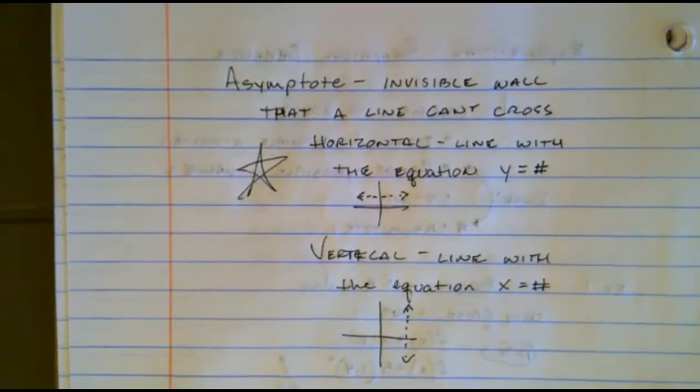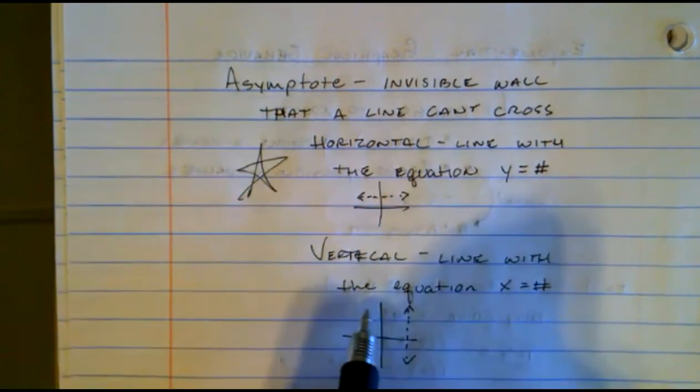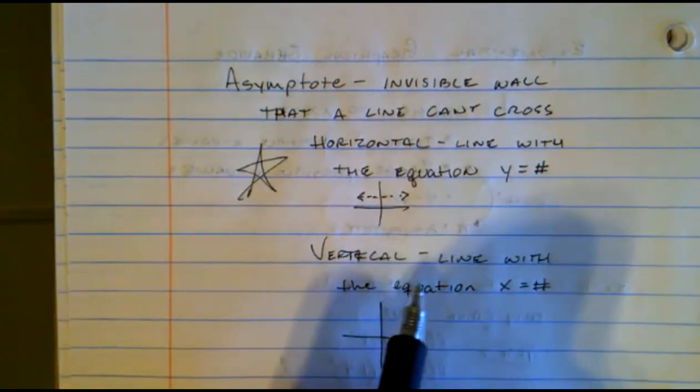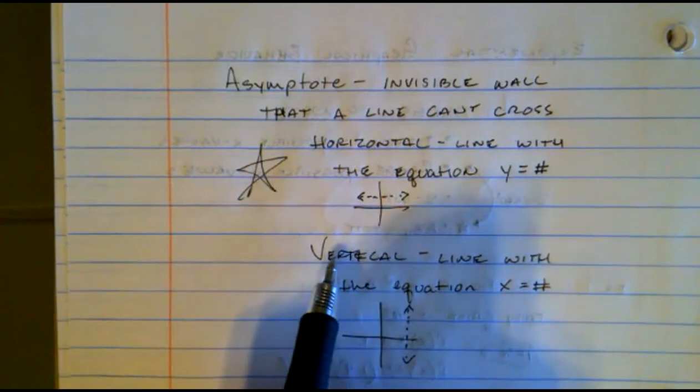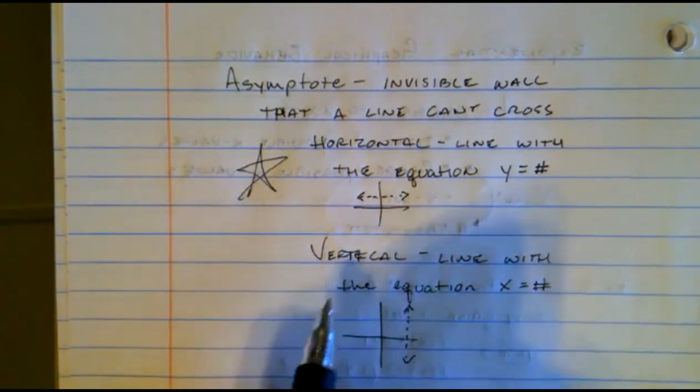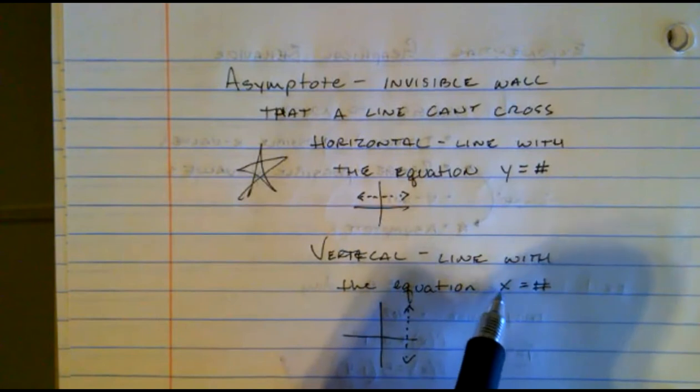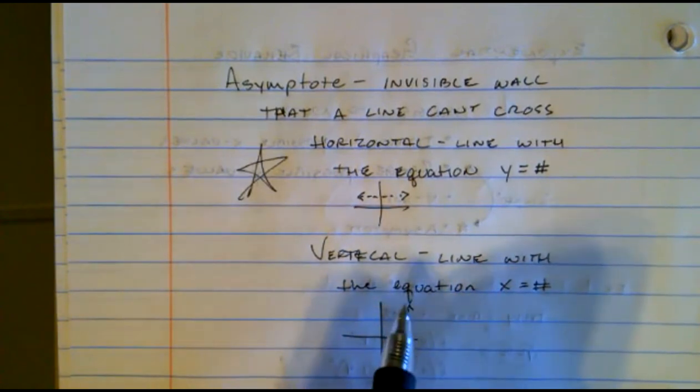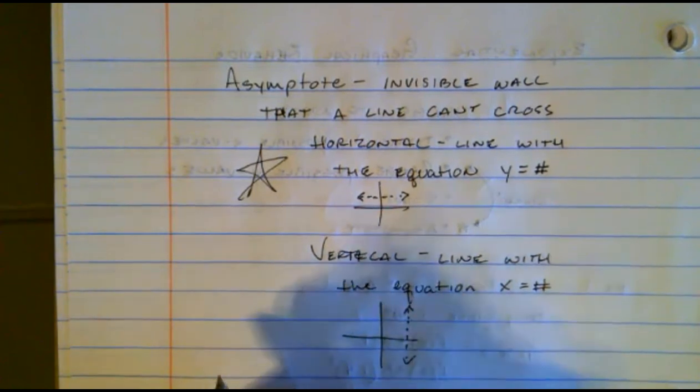Exponentials will have horizontal asymptotes only. We are never going to be talking about vertical asymptotes in this unit. I need to introduce them, and you need to know them, but we're never looking at an x equals equation, because that creates a vertical asymptote, and at this time we don't have those.